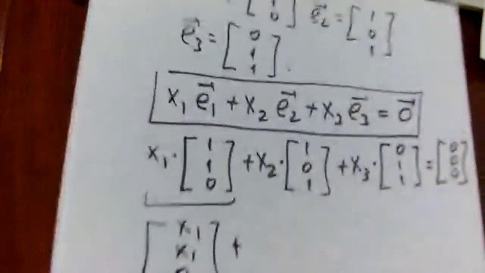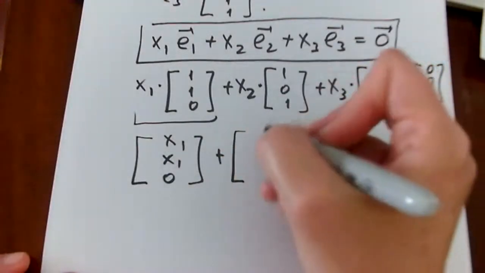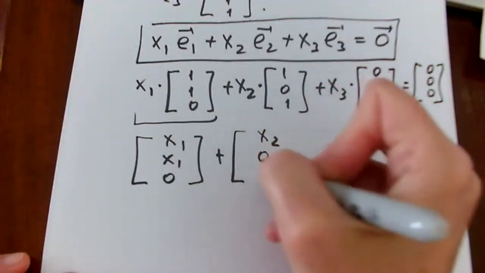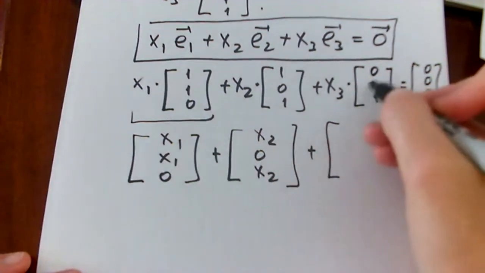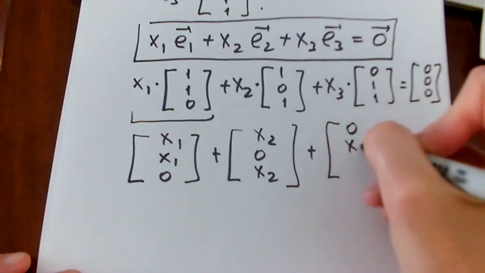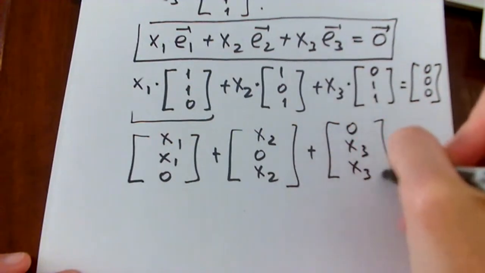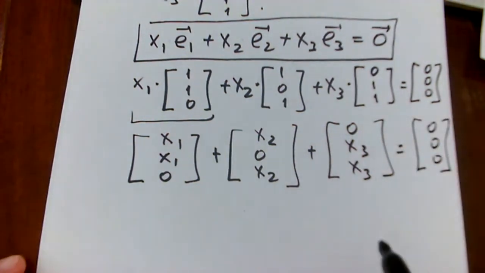We can do the same to the second term: x2, 0, x2. And the third term will turn into the column 0, x3, x3. And finally, it's all equal to the column 0, 0, 0.